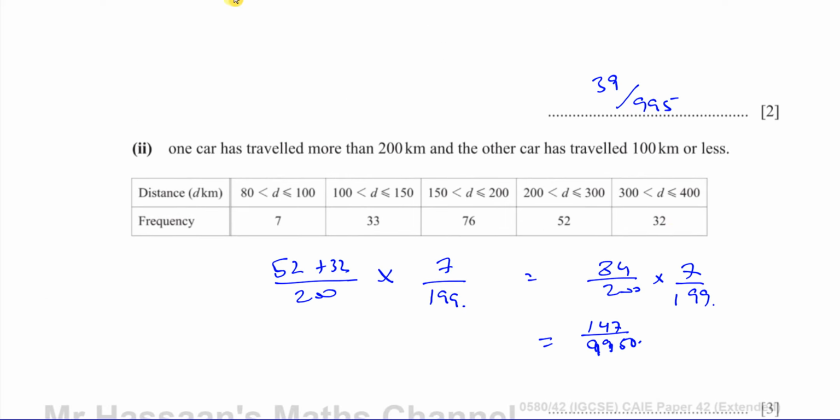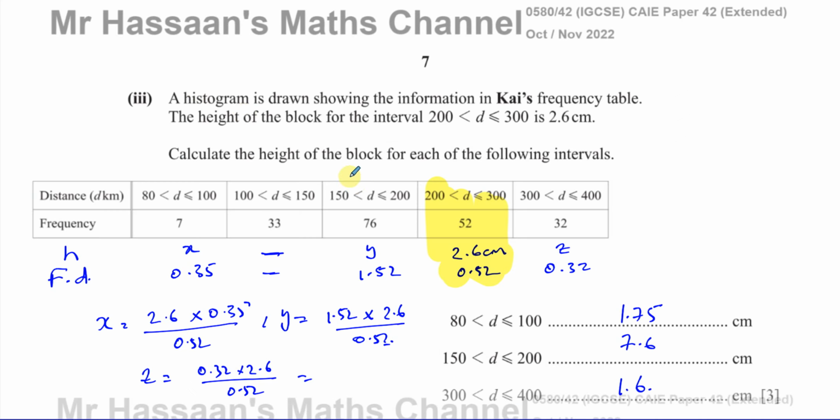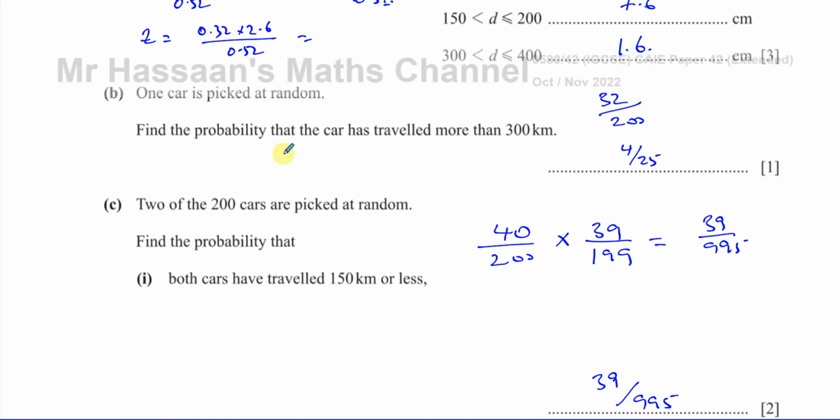Let me write that a bit neater: 147 over 9950. So there's the answer to part 2 of question 3b, and that concludes this question 3a and b.